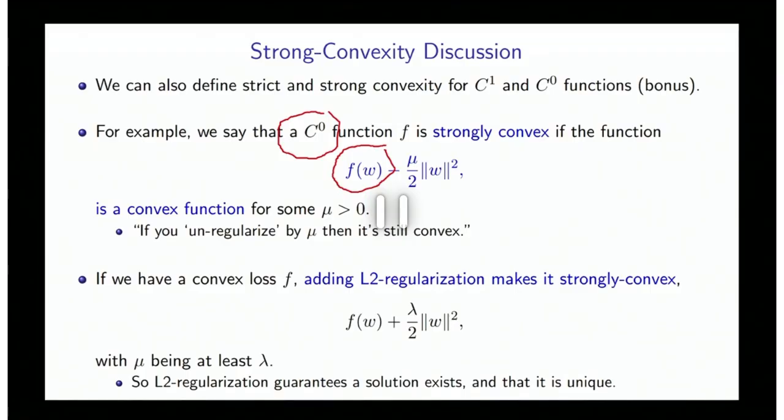But if I want to make a function that is convex strongly convex, I'm going to say that again. If I have a function that is continuous, not necessarily differentiable, it is convex, but we want to make it strongly convex. Do you know why I need strongly? Let me quickly explain that.